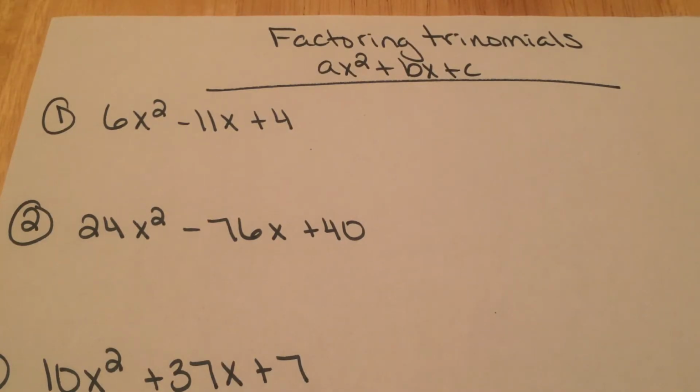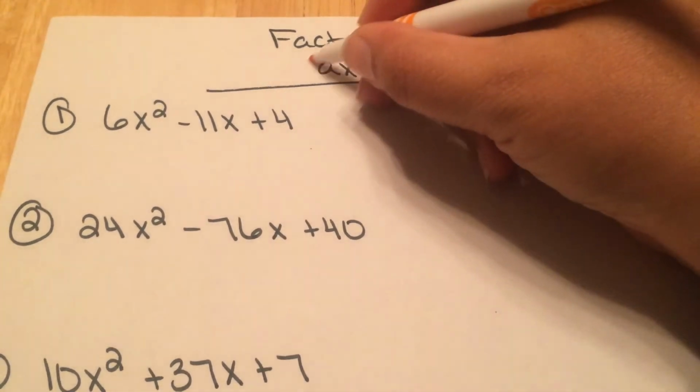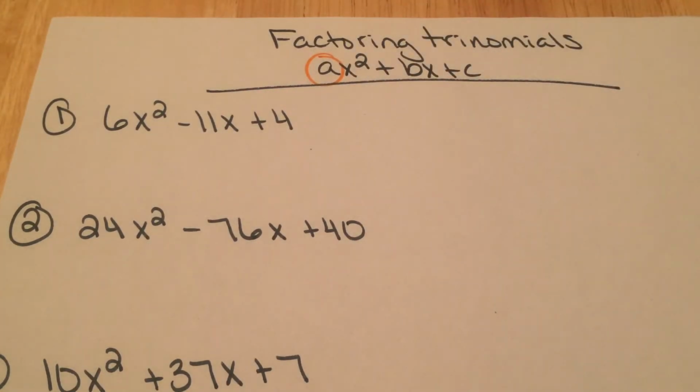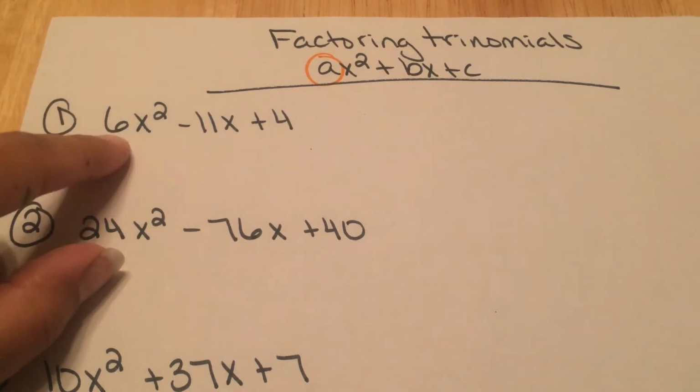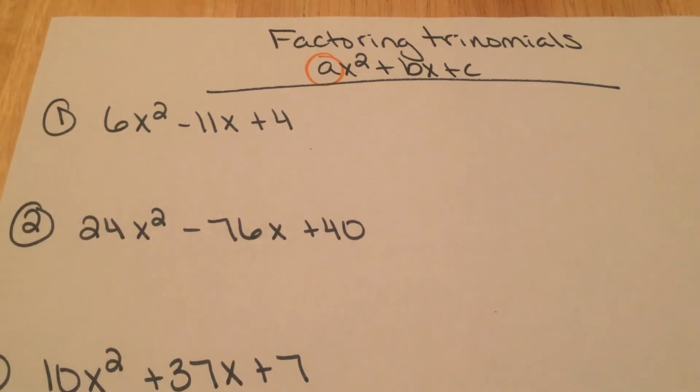I'm hoping that we really enjoyed factoring trinomials with x squared plus bx plus c, because now we have the added coefficient of an a. So what we notice about our first couple of examples is that instead of it just being that invisible 1, we have an actual coefficient number in front of our x squared.